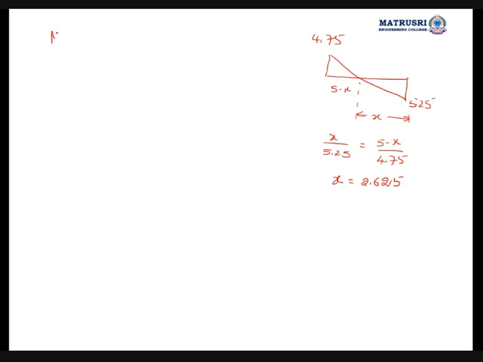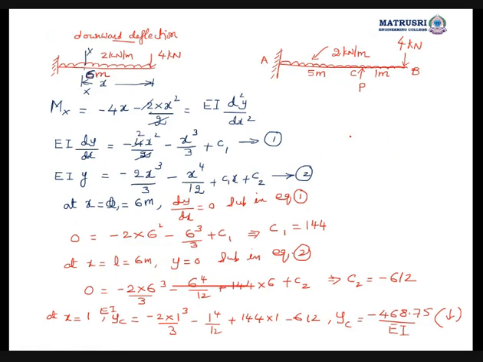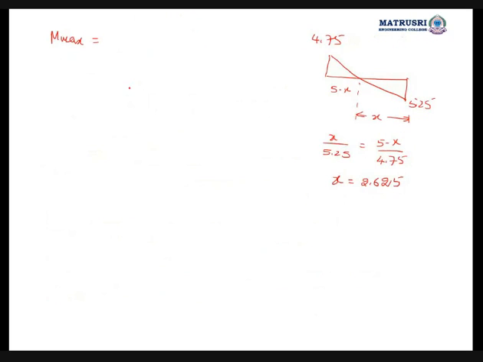Then I can calculate M max. M max is equal to, so I am getting X is equal to 2.625. So 4 into 1 plus 2.625, that is 3.625. So M max is equal to minus 4 into 3.625.